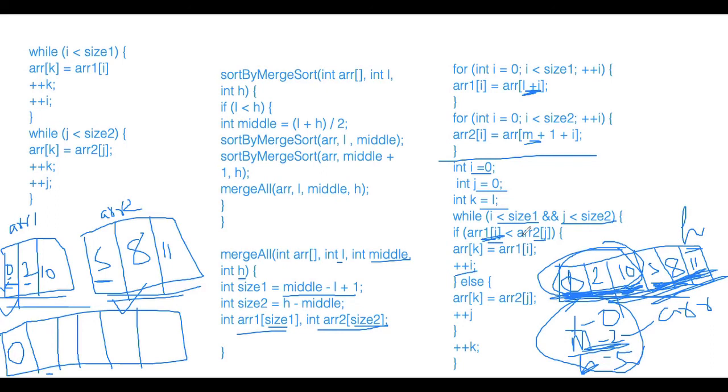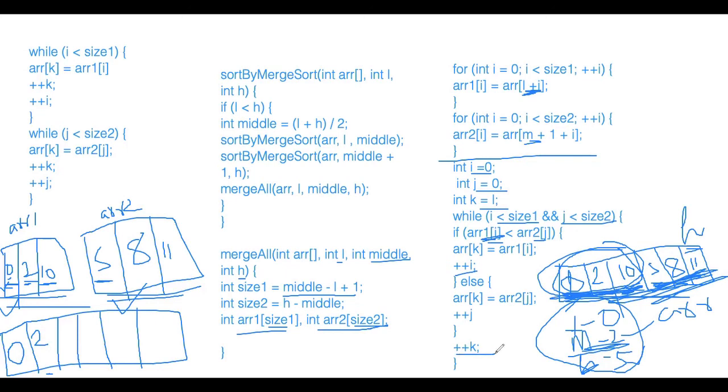Okay. And then we will move again. We will compare 2 with 5. Again 2 is smaller. So we will put 2 here, and again we will increase the pointer of i only. So here j is not getting incremented, only i is getting incremented according to this logic, right? And k is getting incremented.